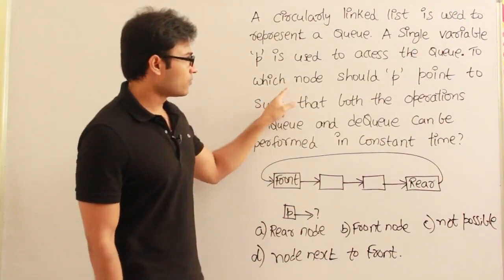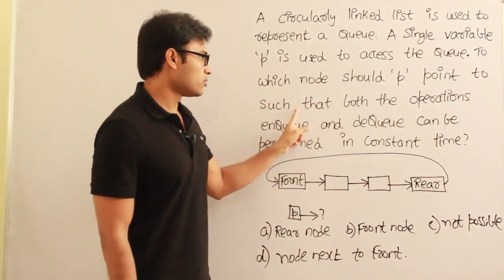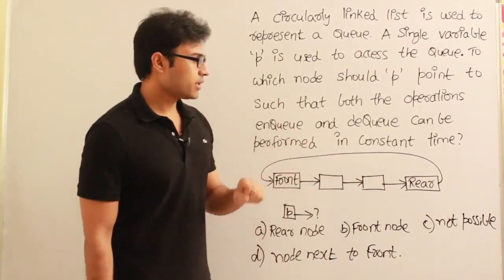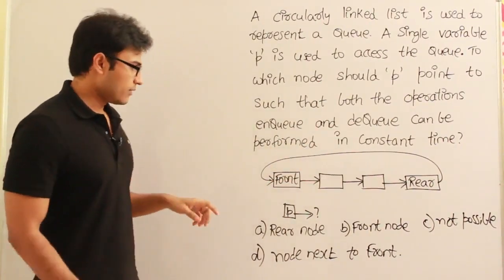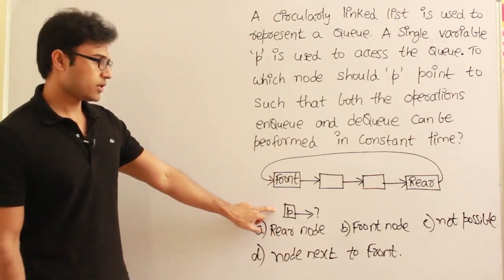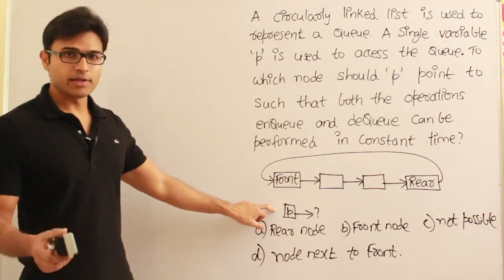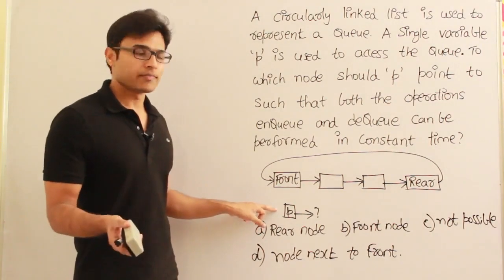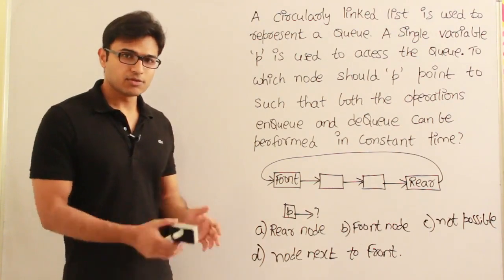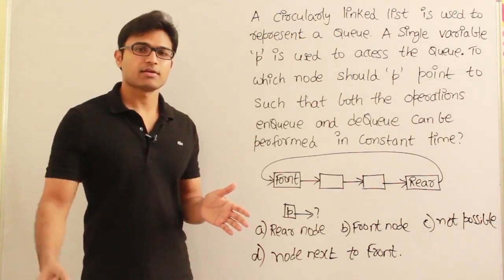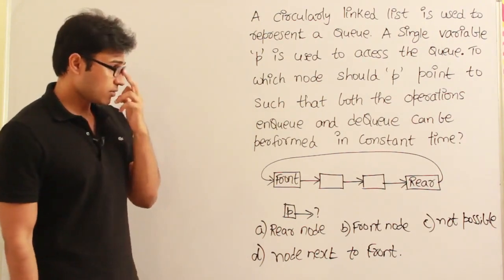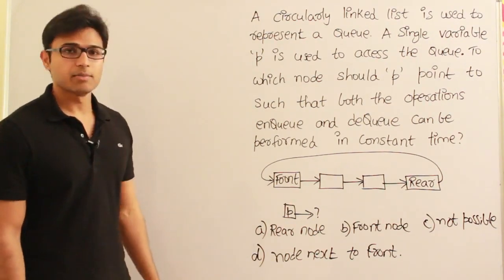Then the question is, which node should p point to such that operations nq and dq can be performed in a constant time, which means you can add an element into the queue, and delete an element from the queue, without traversing the entire queue?